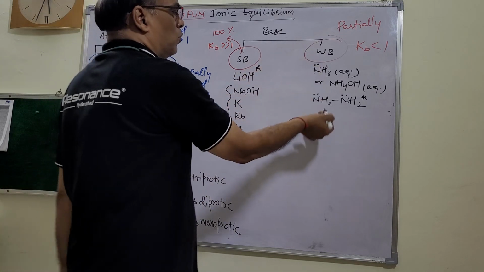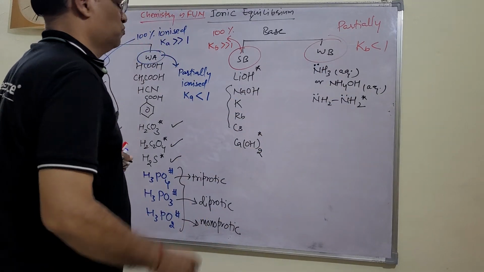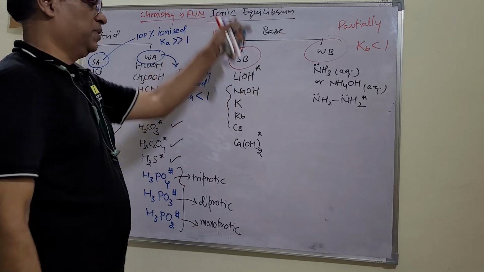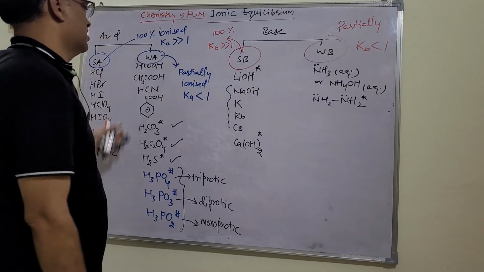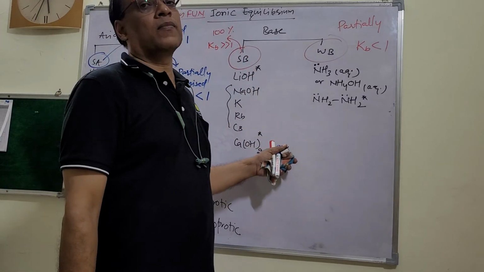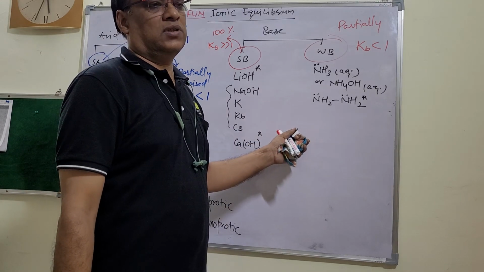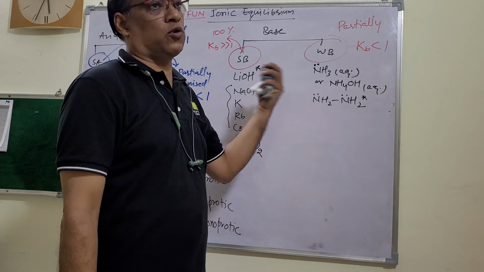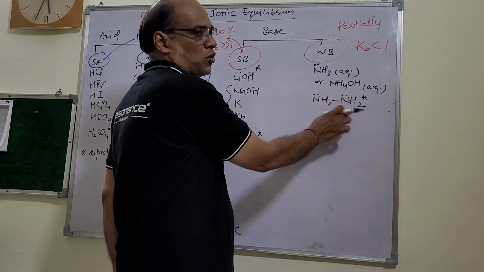Here we call them monoacidic, just opposite. For acid, basicity is defined; for base, acidity is defined. Means how many H+ ions acid furnishes, and how many OH- ions base furnishes. One more definition for base is how many protons it can capture. So it can capture only 1 proton, or it can capture 2 protons.